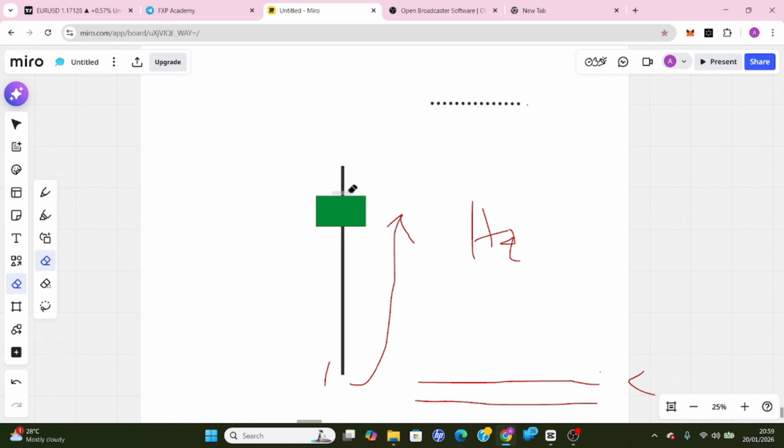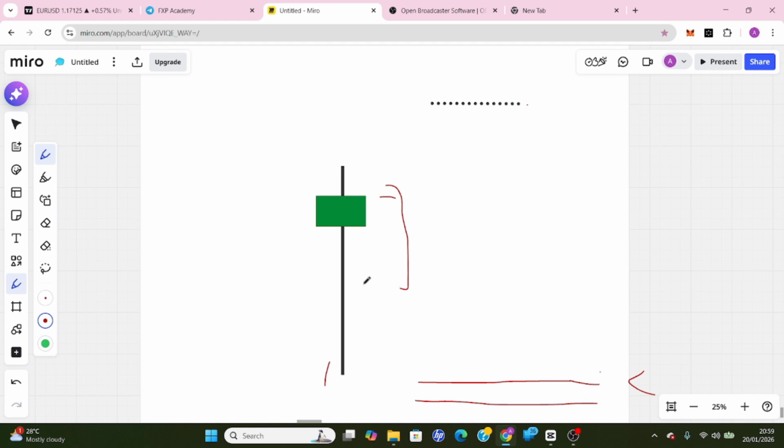So the moment this type of candle closes like this, what you're expected to do as a trader is to wait for the next candle to start forming. At least let the next candle retrace to maybe the 50% level of this wick, and you start buying aggressively. So this is how to interpret candlesticks.